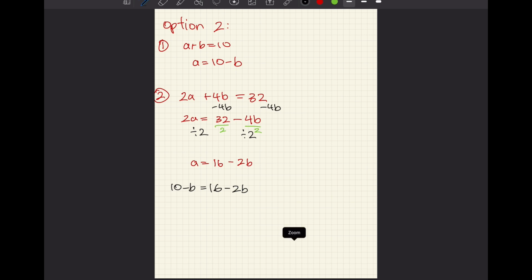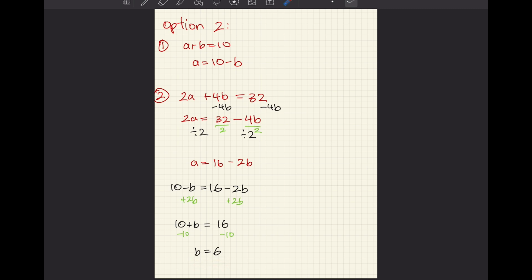So if we plus 2b here, plus 2b here, we get 10 plus b equals 16. Then if we minus 10 and minus 10, b equals 6.